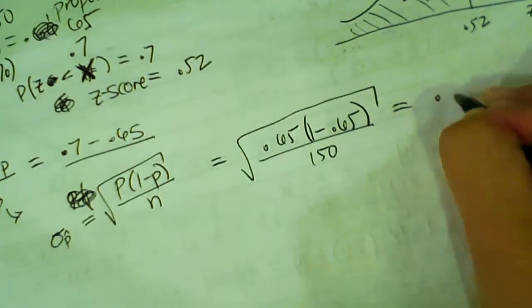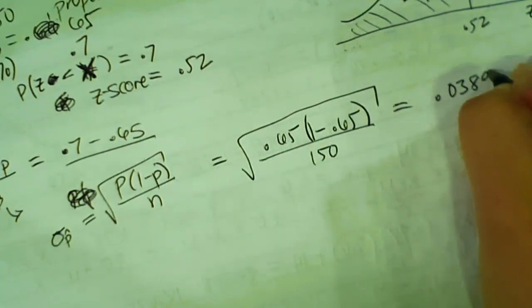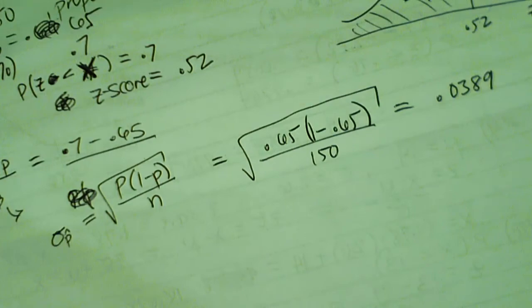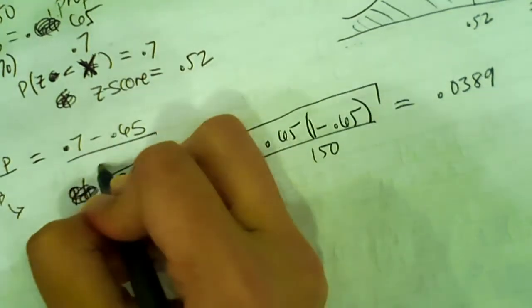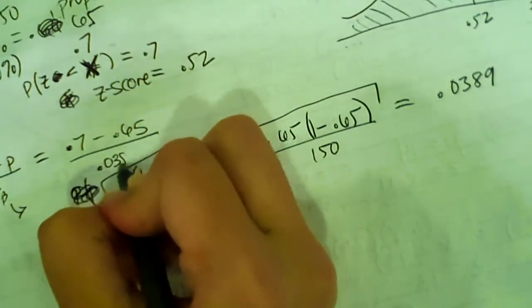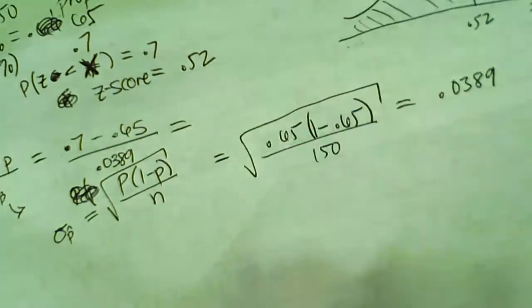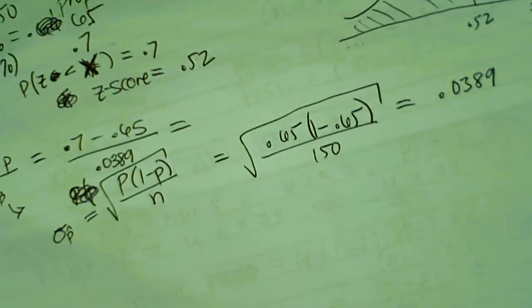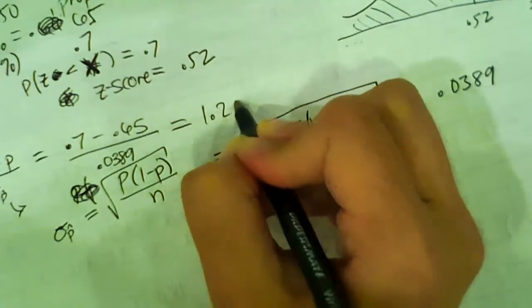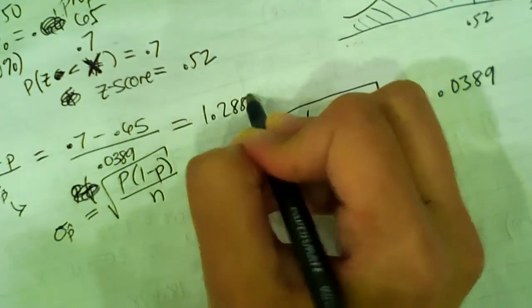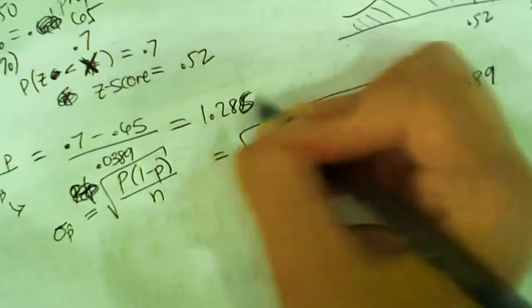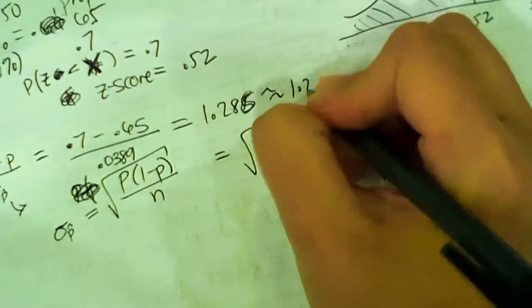So that gives 0.0389. And then when we plug that into here, 0.7 minus 0.65 divided by 0.0389, that gives 1.285. But I guess we can just round to 1.28.